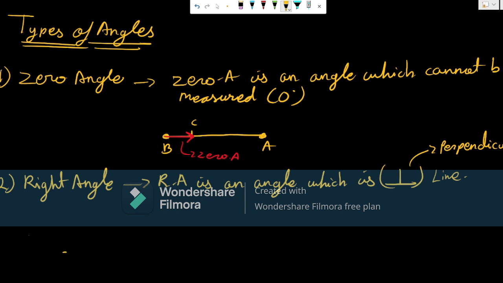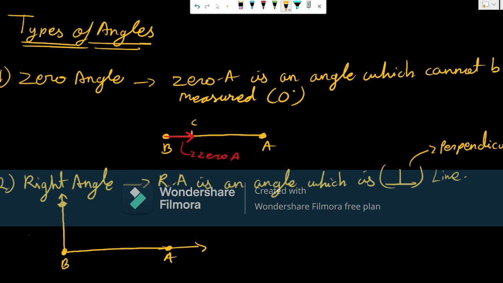If I have a line which extends like this. The vertex is B. Here is A, and it is extending infinitely. And I will draw a line straight to the north side. Okay, so it will be like this, straight.